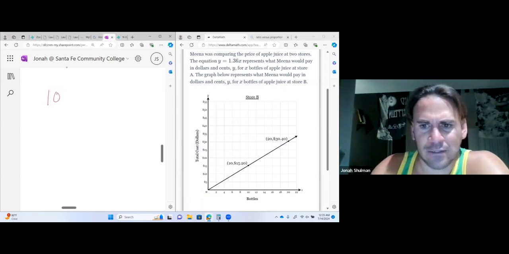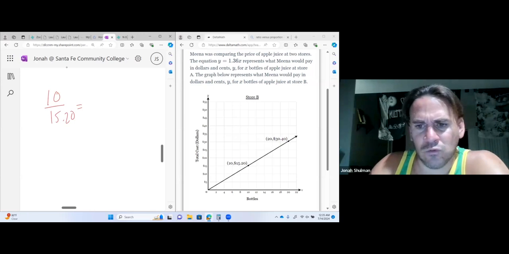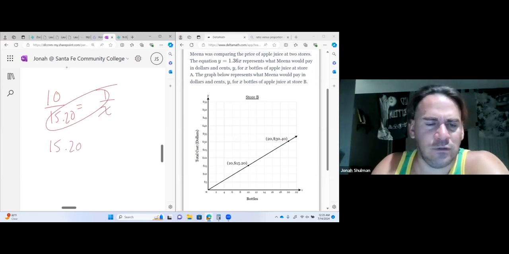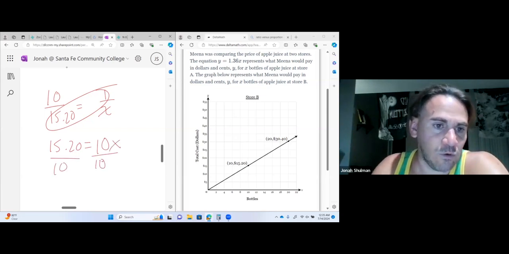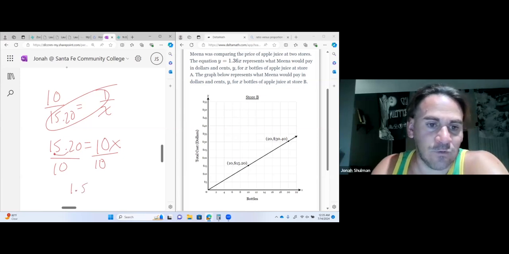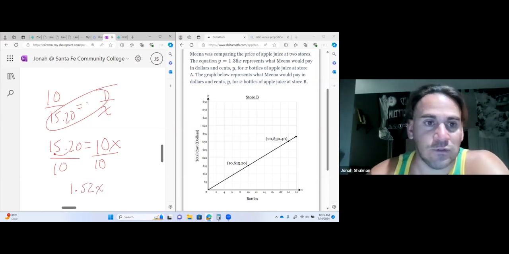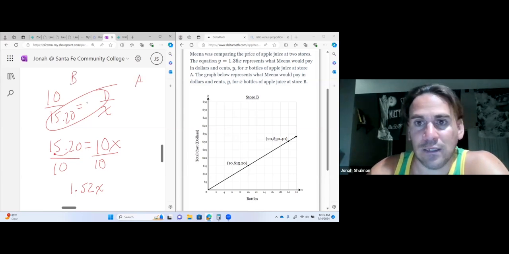So we can do 10 over 15.20 equals 1 over x. So 15.20 equals 10x. We divide this by 10. Remember, all we have to do is move the decimal one place. So it's $1.52 at store B, and at store A it was $1.36.